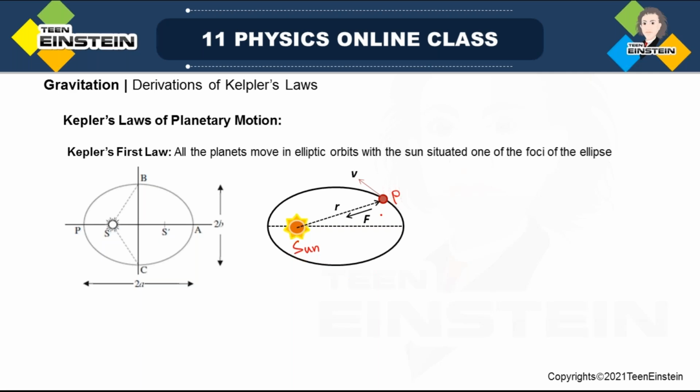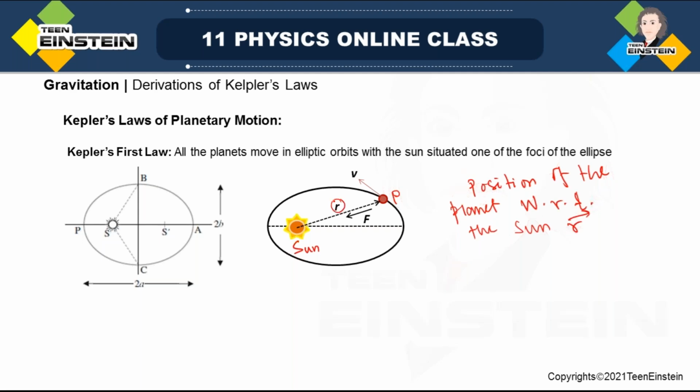Okay, so let us say there is a planet which is revolving around the sun, keeping the sun as one of the foci, and the position vector of the planet with respect to the sun is small r vector.